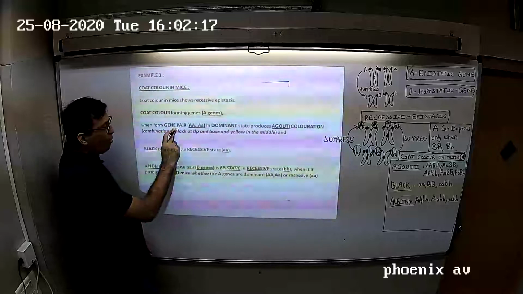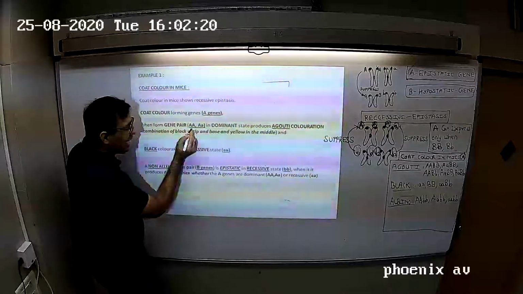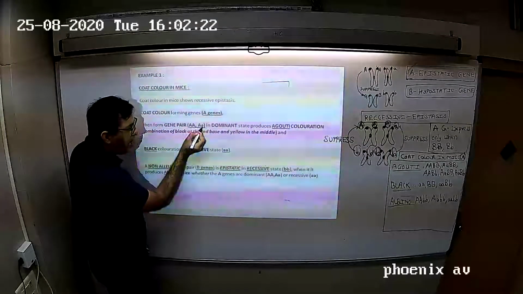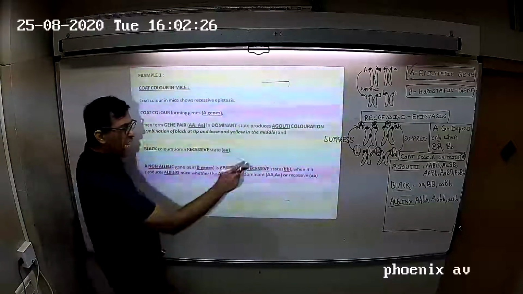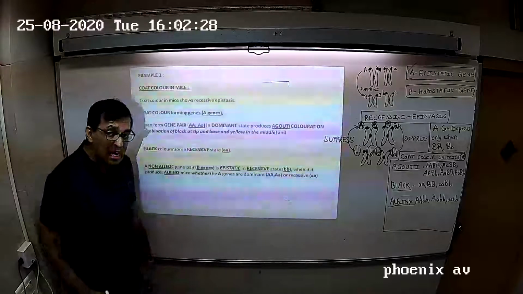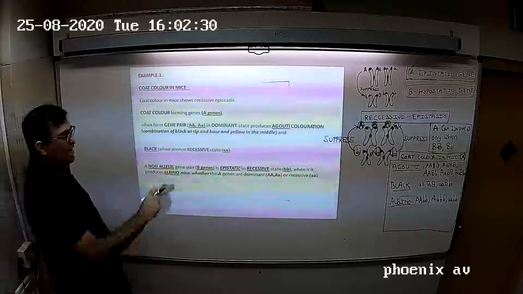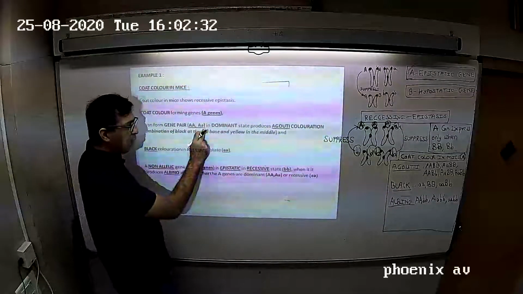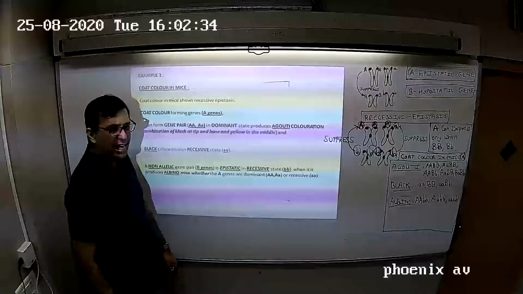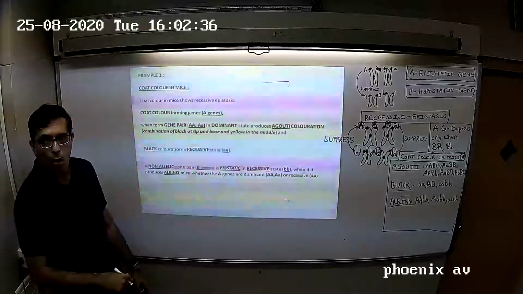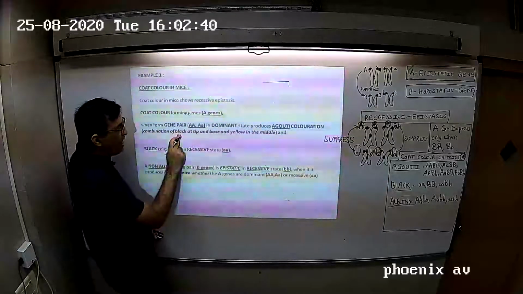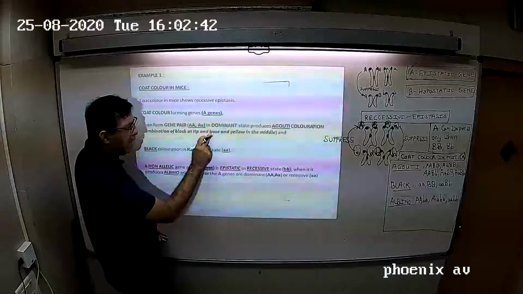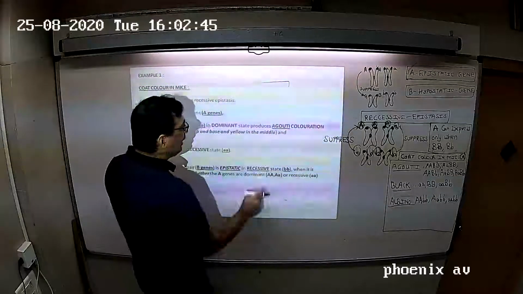When the gene pair capital A, small a occurs in dominant state, it produces agouti color. What does capital A, small a produce? Agouti color. What do you mean by agouti color? Agouti color means there is a combination of black at the tip and base and yellow in the middle.